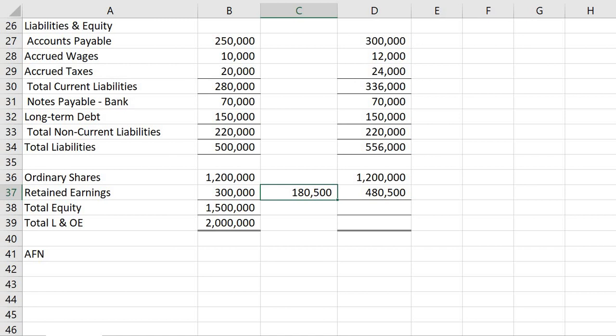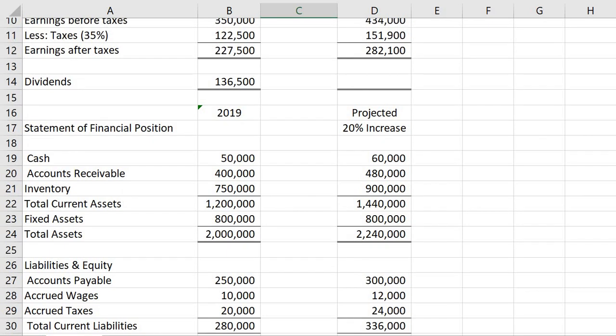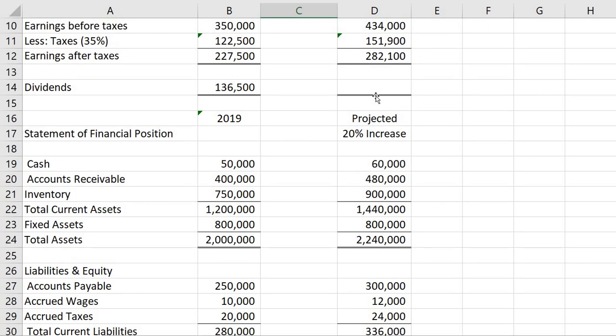So, again, class, it has something to do with your dividends declared. So, ibig sabihin, kung nadagdag ang 180,500 sa ating retained earnings, meaning, out of the earnings na 282,100, 180,500 ang tira na madadagdag doon sa retained earnings natin. Ibig sabihin, only 101,600 was given out as dividends during the period.